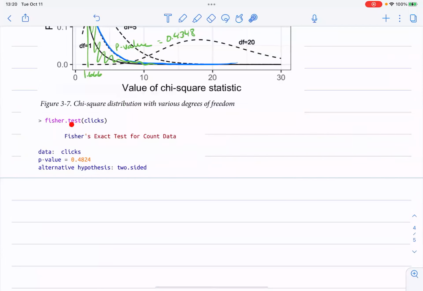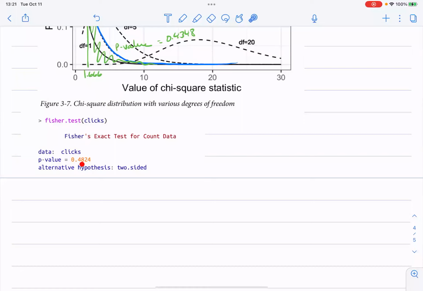You use Fisher.test and then on the data set clicks. And you want to make sure that your data that you enter follows the same format as clicks does. I forgot to check what it looks like. I'm guessing it's a column of 0s and 1s and a column of ABC.